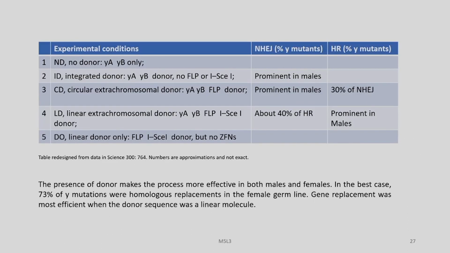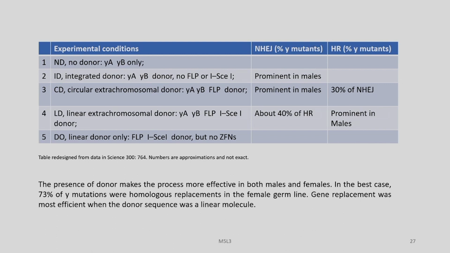So, this table we have redesigned from the data available in their publication. So, these are the various experimental conditions you can see here, and the mutants which have been obtained by either NHEJ or homologous recombination.